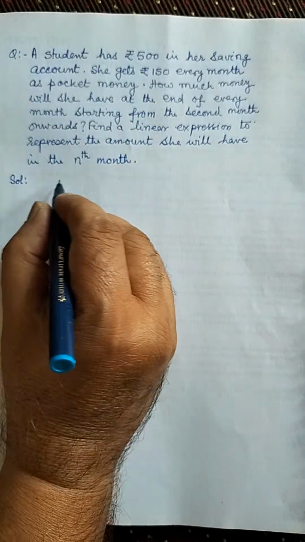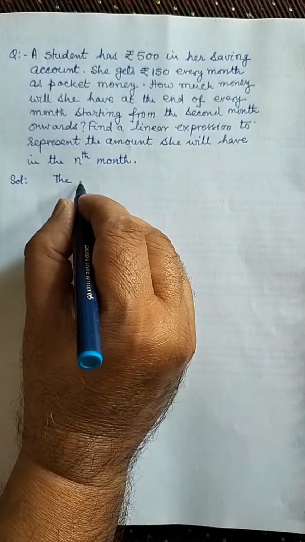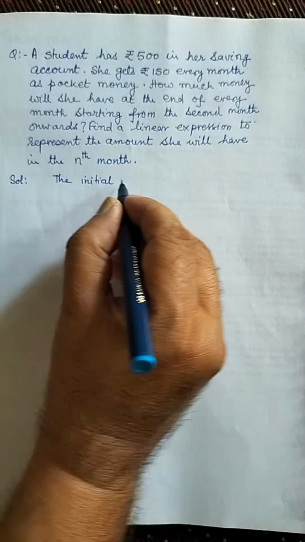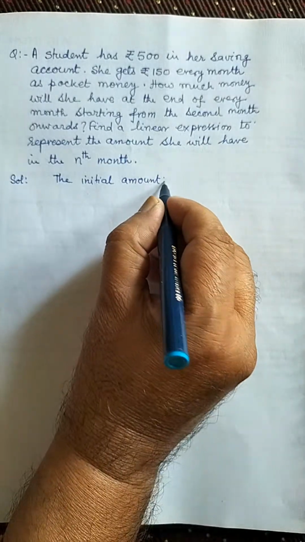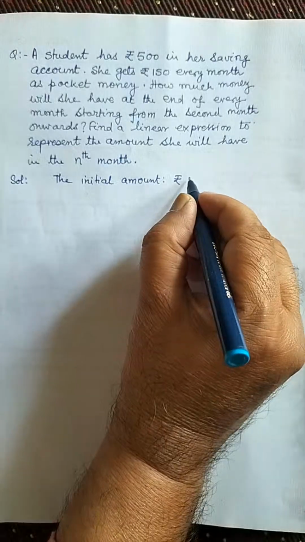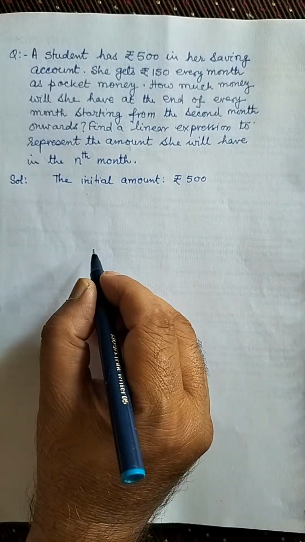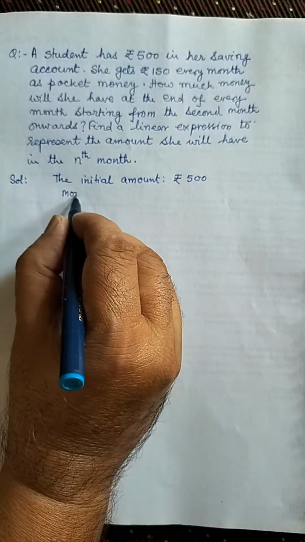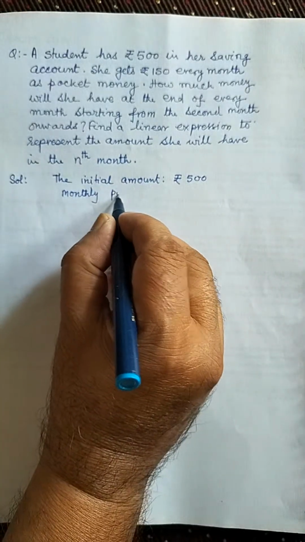The student has the initial amount, which is rupees 500. Every month she gets monthly pocket money.